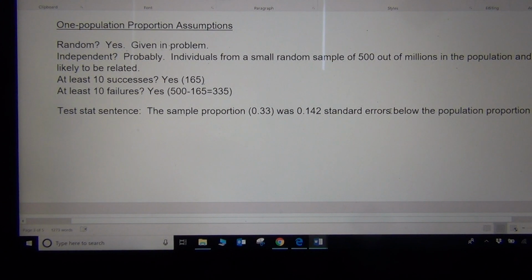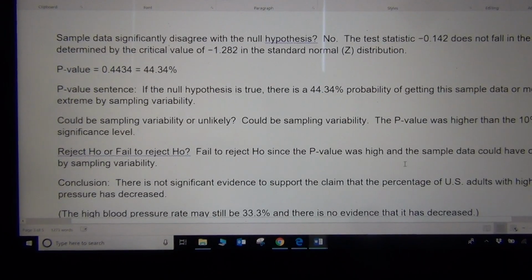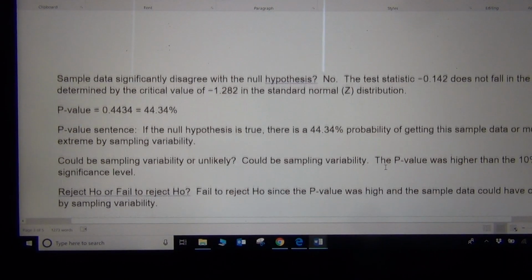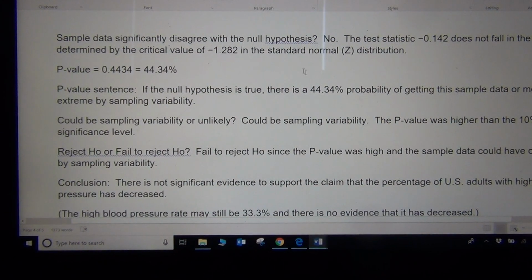Notice it says below because in the test statistic it was negative 0.142. So that means, remember, a z-test statistic is the number of standard errors above or below. So in this case, it's below because it's a negative. In which case, our sample data does not significantly disagree.